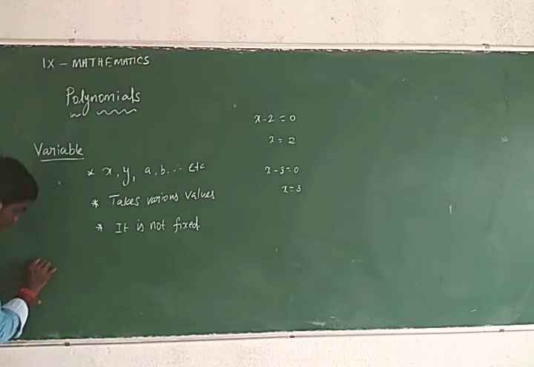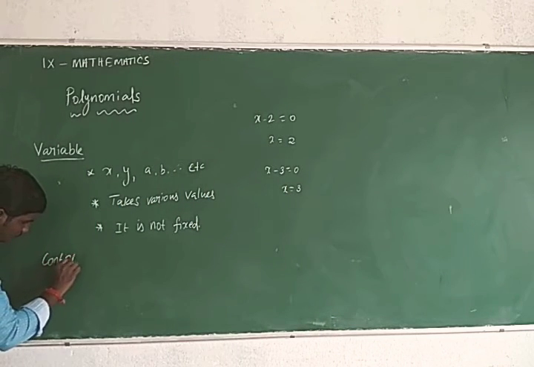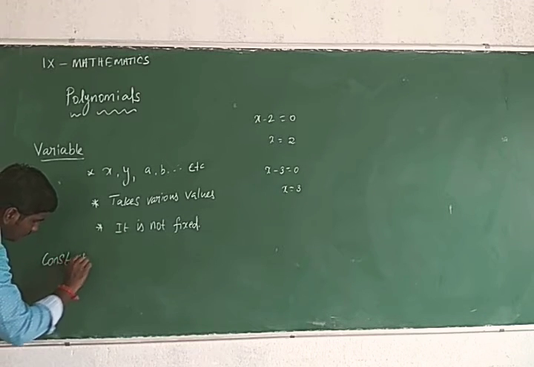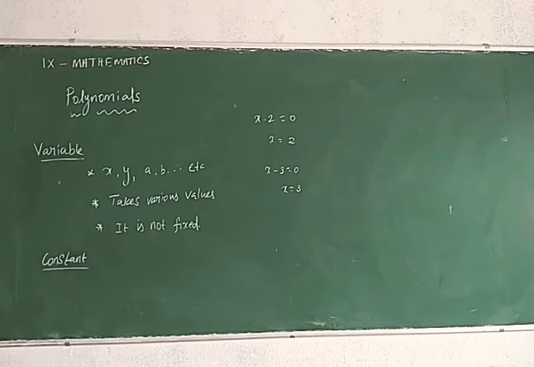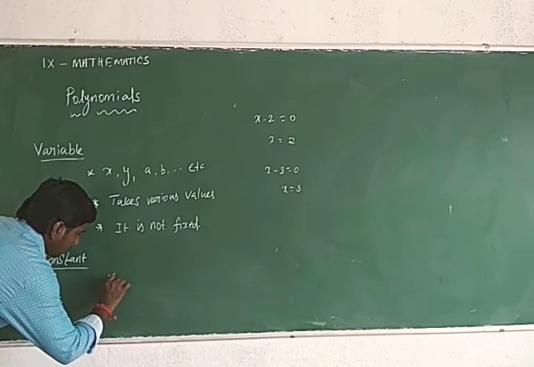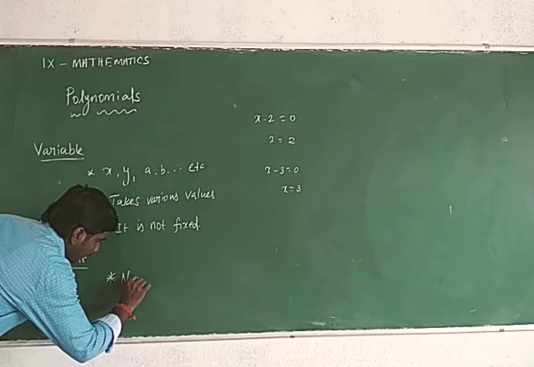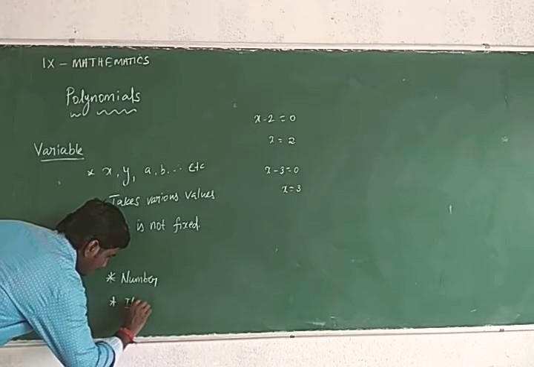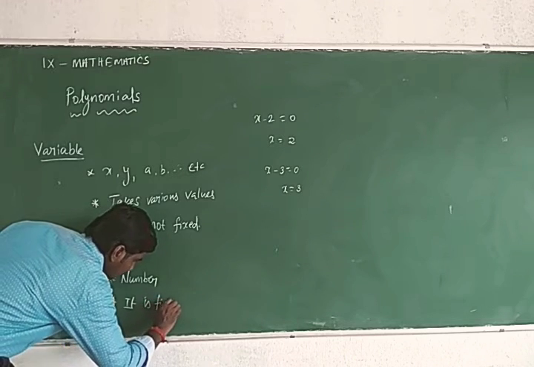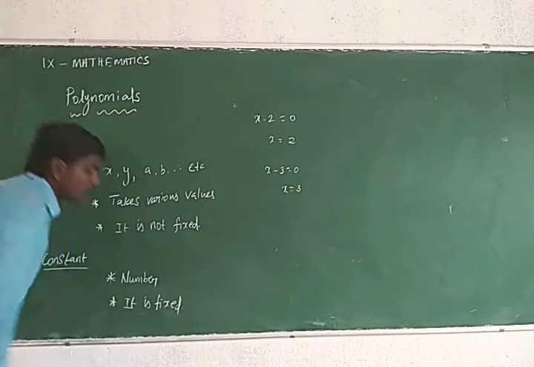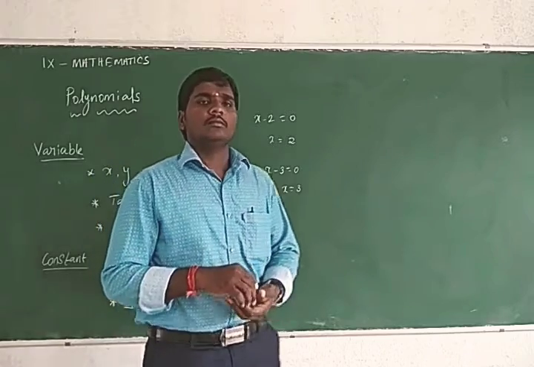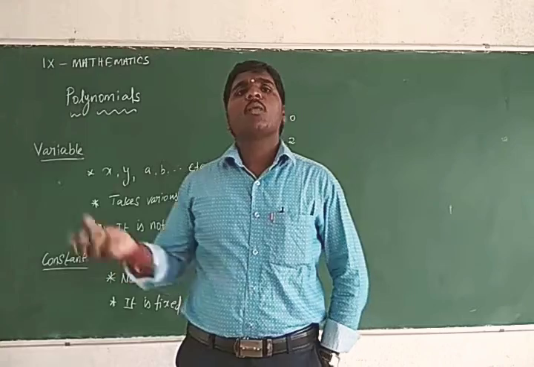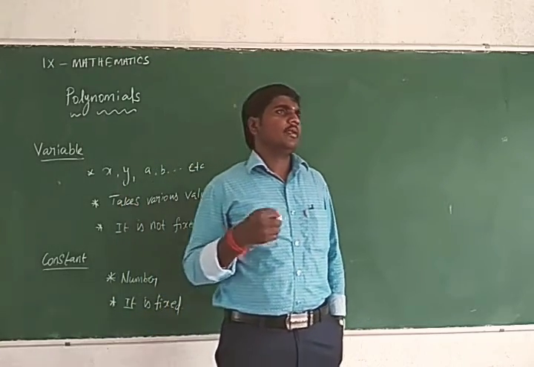Next, constant. It is a numerical value, a number. It is fixed. Constant means number, numerical value: 2, 5, -7, -8.